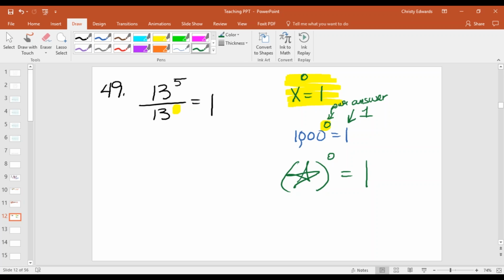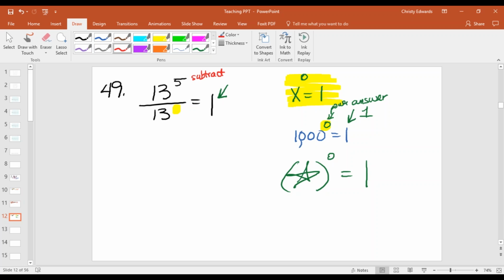Okay, so if the way to get an answer of 1 is that the left side should be to a power of 0, and if our shortcut is that we subtract, no prob. Sorry, Maddie.